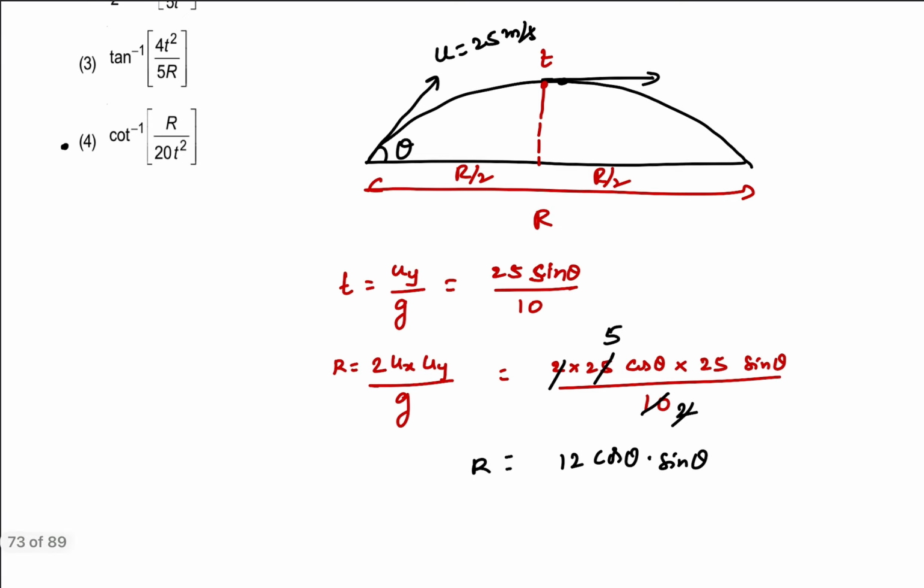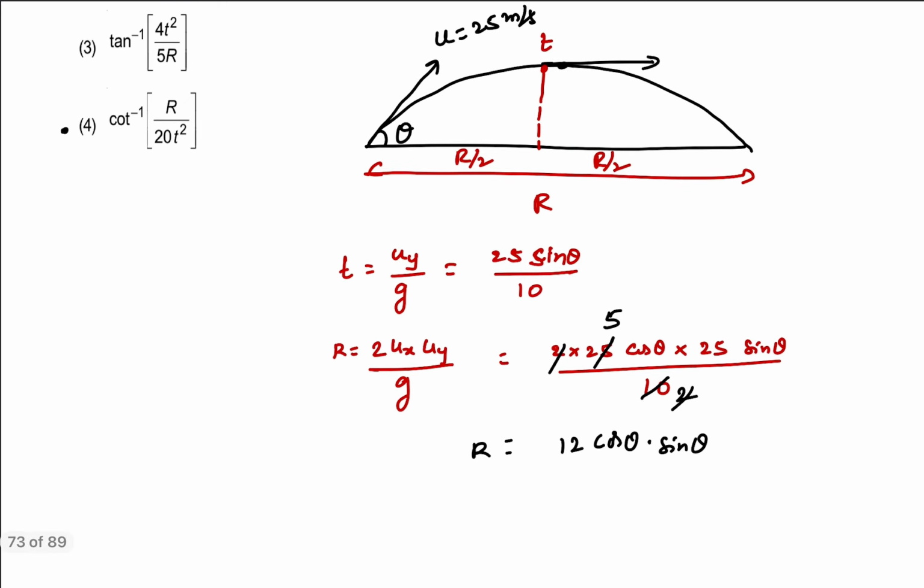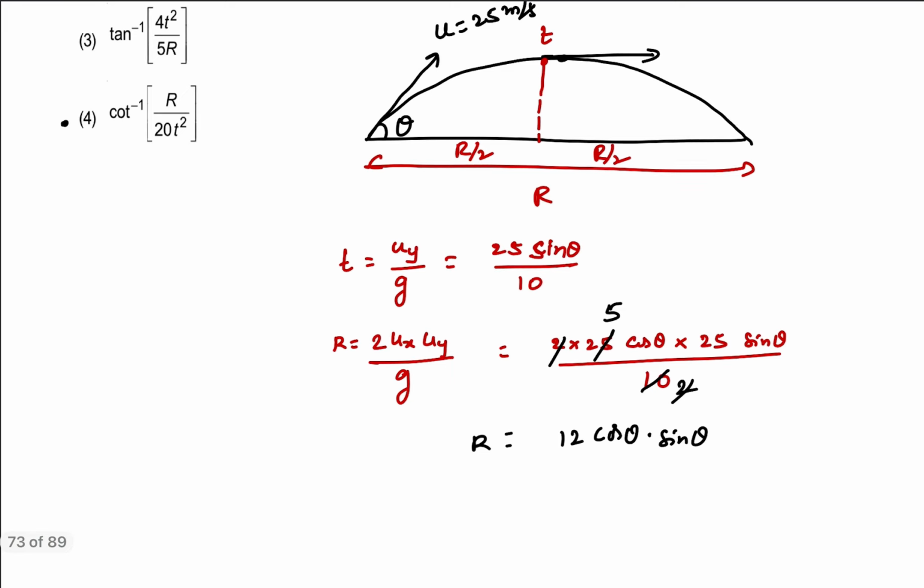Okay, now you actually want t and r terms, no? Now how to write the relations of this? Sin theta and tan theta are there, just substitute there and get the relations. Now what I have to do is write r by t.